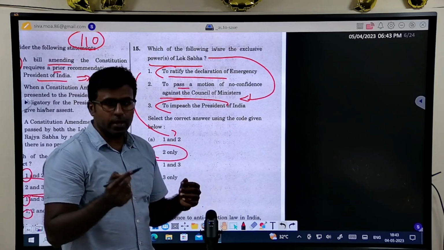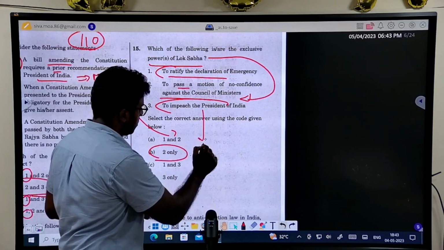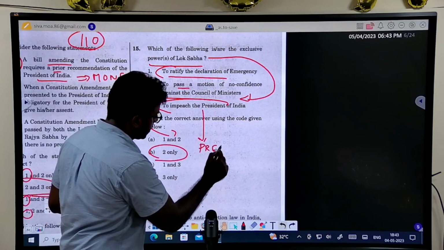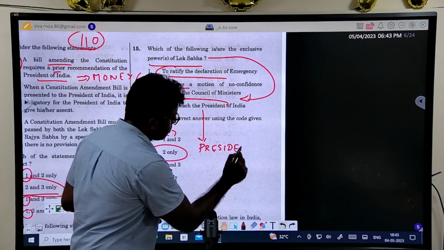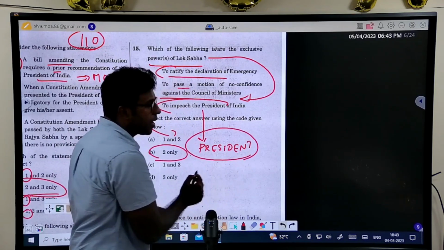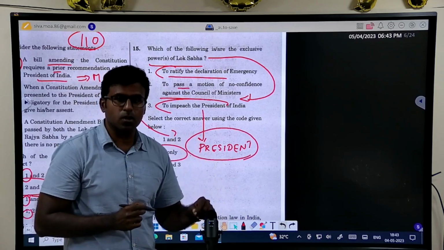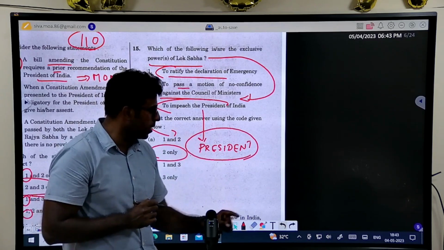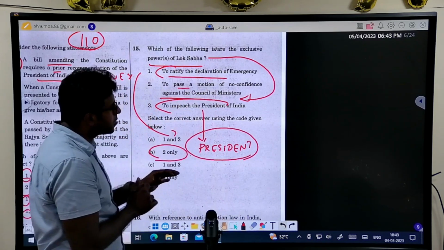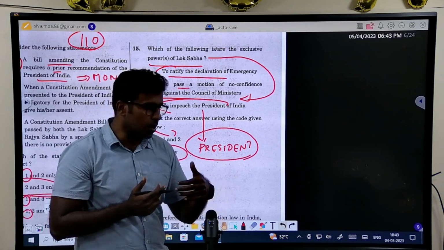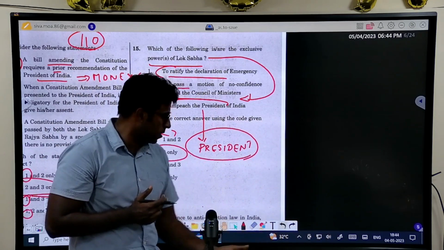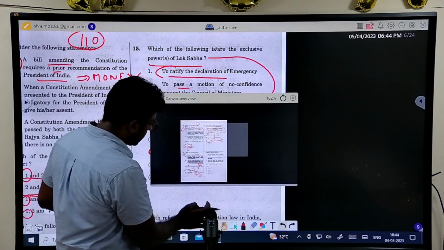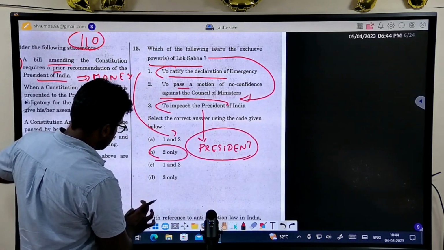See, the president election and vice president election, this time it happened, right? Both the houses take part in it. Impeachment also, both the houses. It's not a single house. So the no confidence motion is only in the Lok Sabha, because that is where the council of ministers are responsible. That is what is called the elected house.